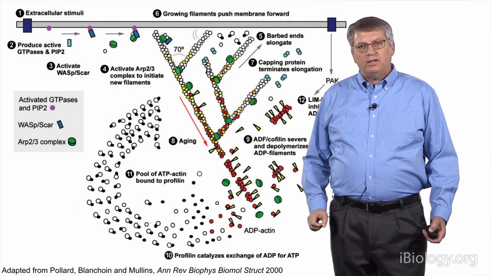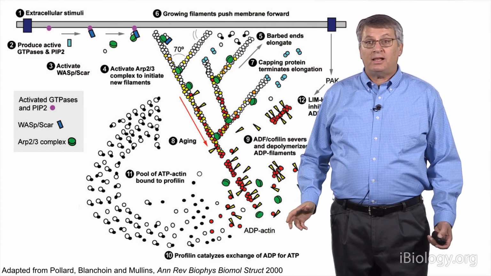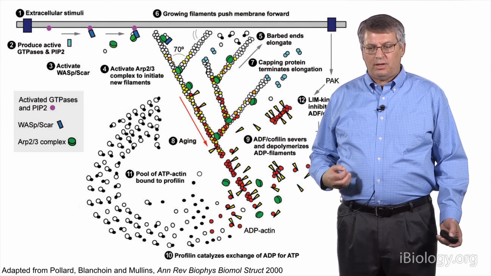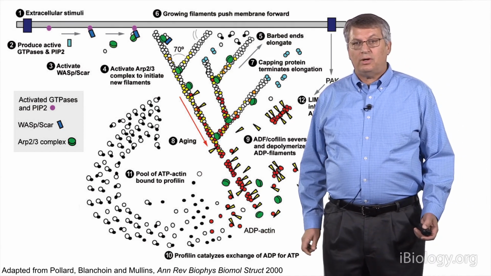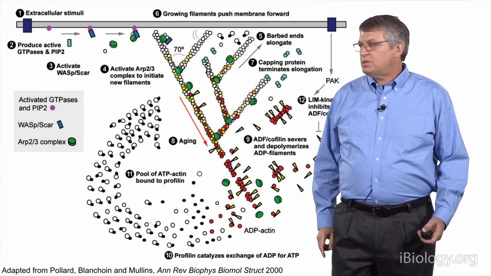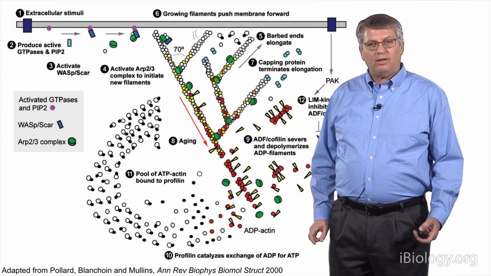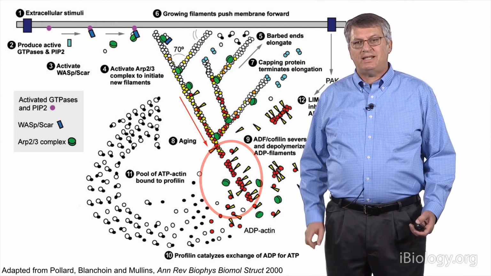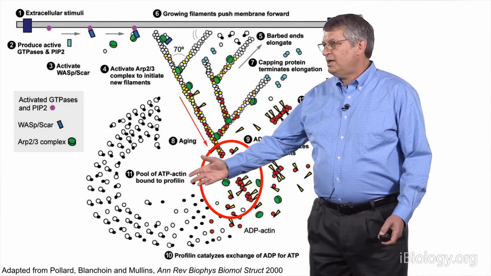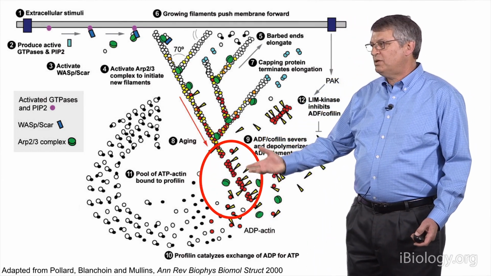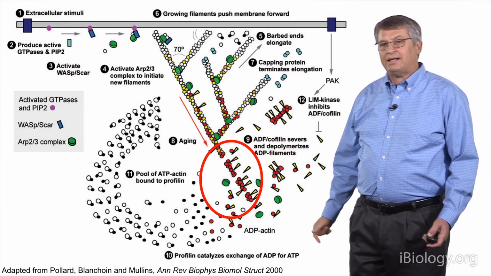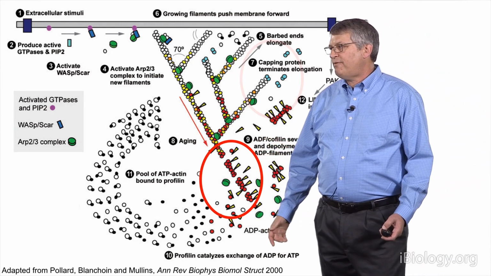And so studies from the Carlier lab reconstituting the Listeria motility, which I talked about in my first segment, showed that there were some essential key steps here. One of those is the disassembly of the actin cytoskeleton, which is mediated by cofilin, which is sometimes called actin depolymerizing factor, or ADF.